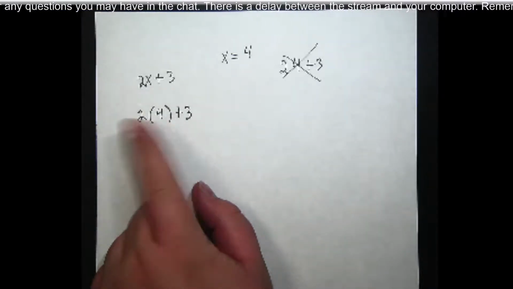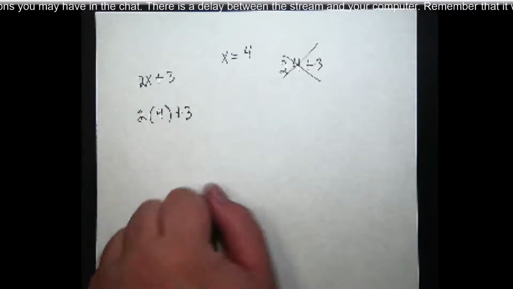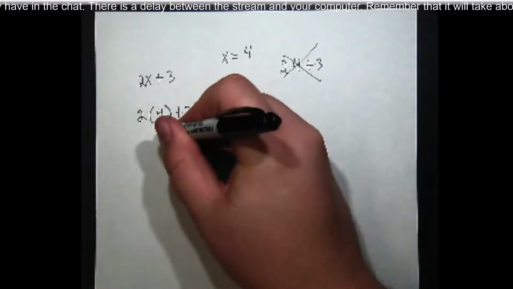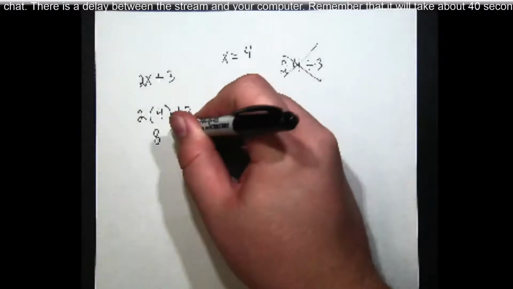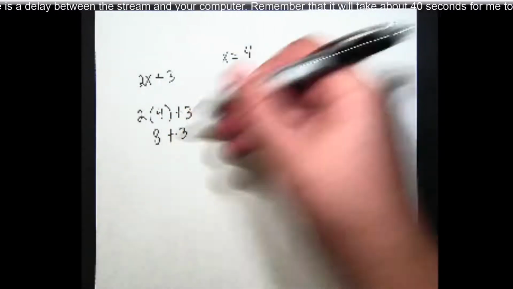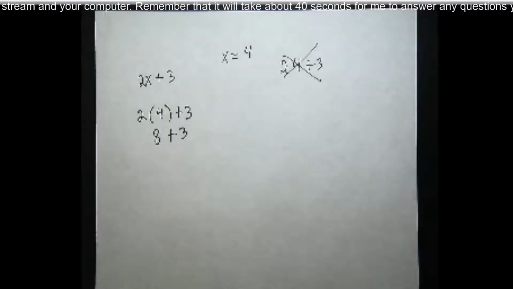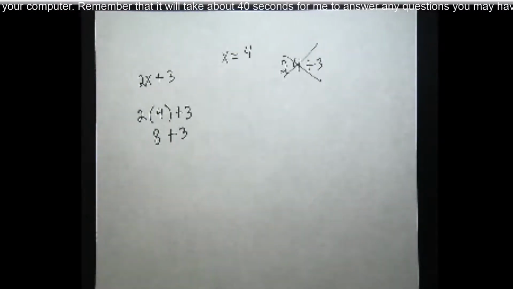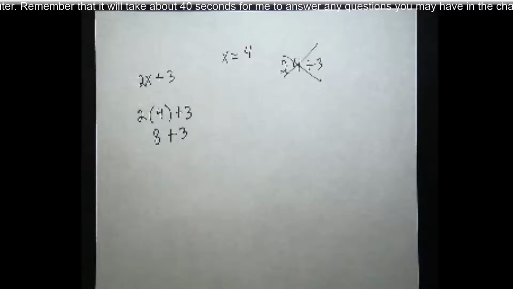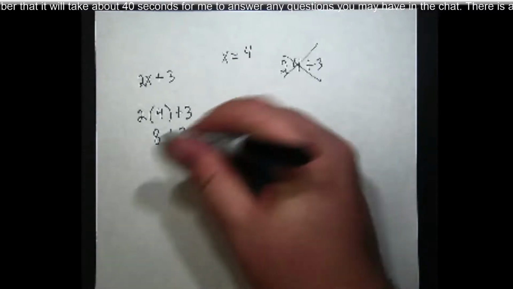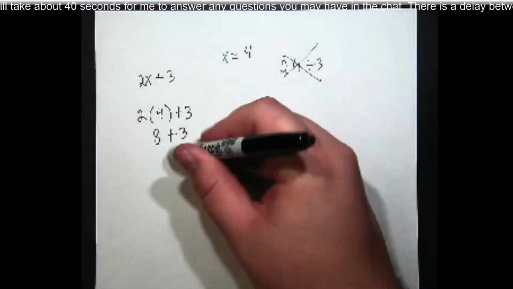All right, well, what do we get if we multiply those? 2 times 4, that's 8. We've gotten a single value out of that. We've done a step, so we want to rewrite with the new values. Now we add, it's the only thing left for us to do. So 8 plus 3, that's 11.